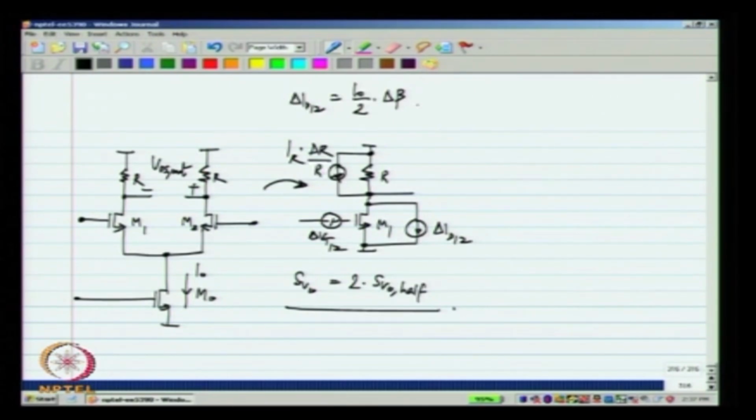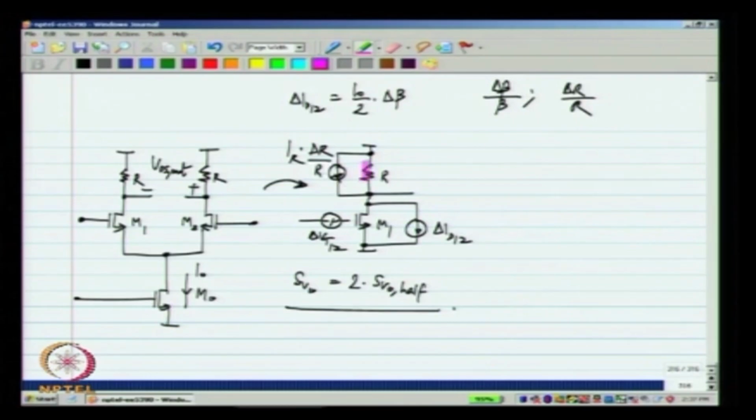Now, what will be given will be delta beta by beta and delta R by R and so on. For beta and R and so on, we specify the relative mismatch. From that we can calculate delta beta and delta R and multiply that by I naught by 2 here and there to get the equivalent current sources.